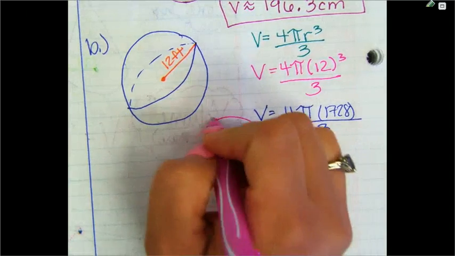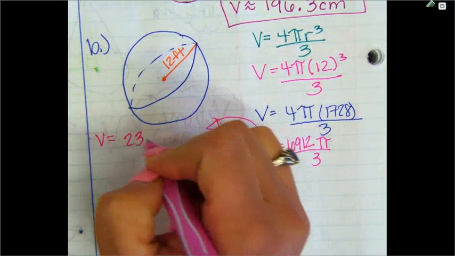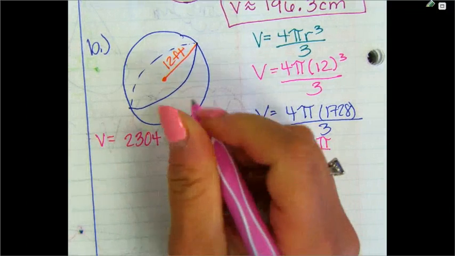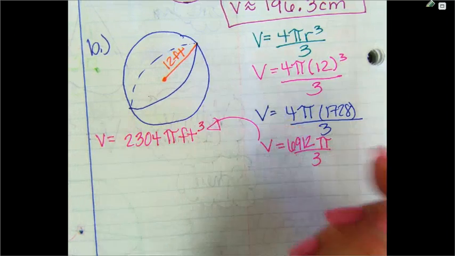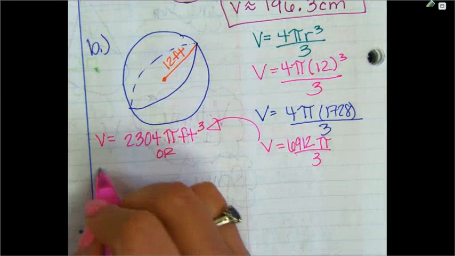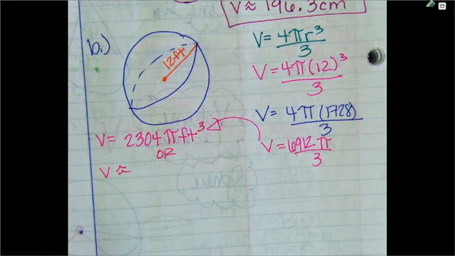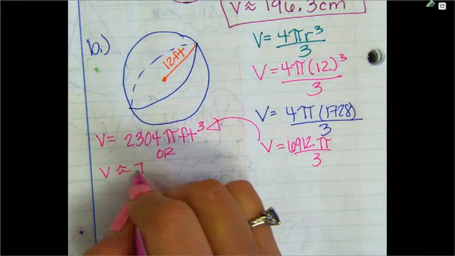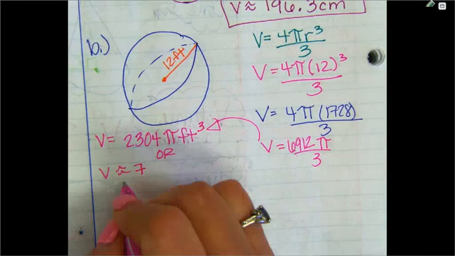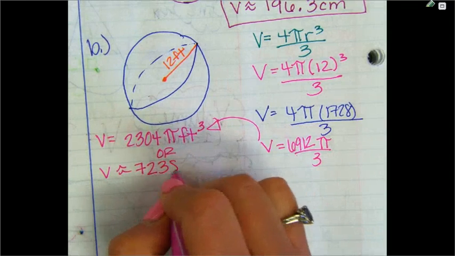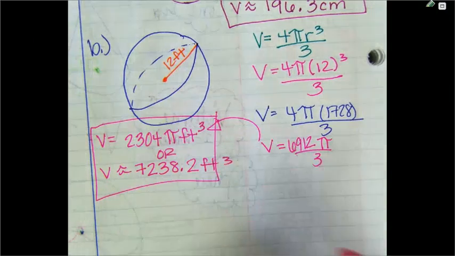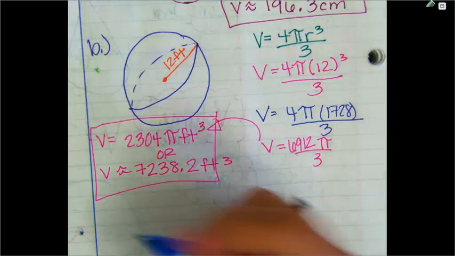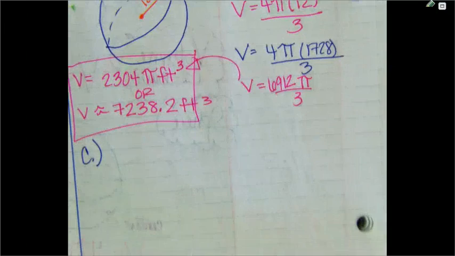Then when we reduce that, we get volume equals 2,304 pi feet cubed. Or we're going to get an approximation of 7,200 point feet cubed.